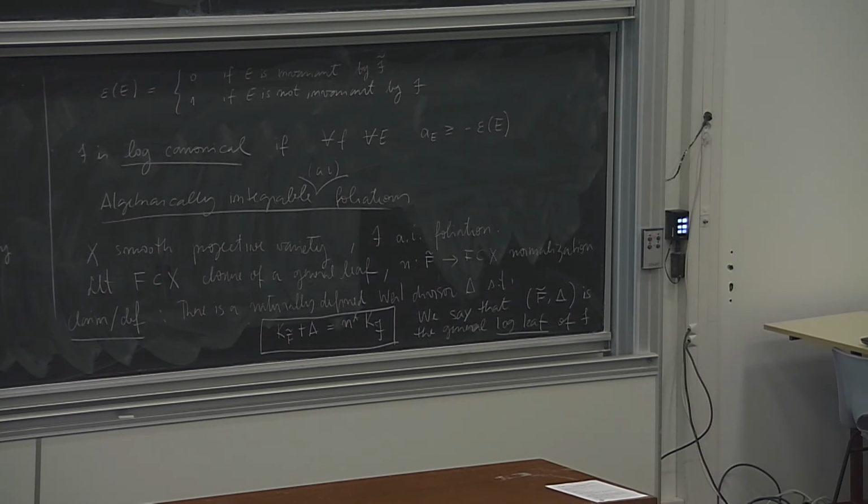So let's say that we have X, a smooth projective variety, and F a non-trivial foliation.